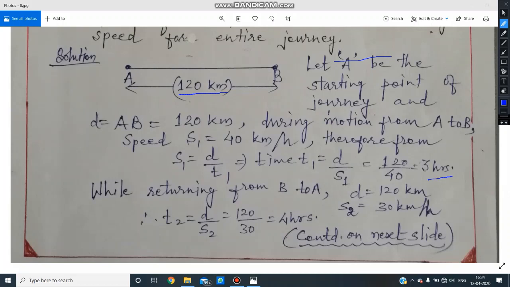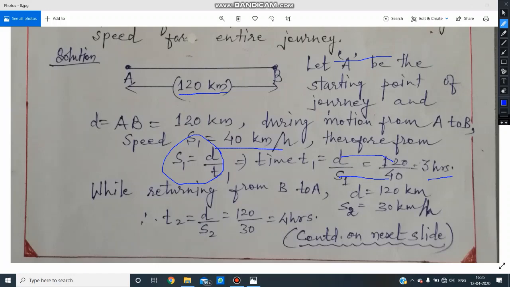Now while going from A to B, the distance is 120 and the speed is 40 kilometer per hour. So using again the speed formula S1, where the speed is equal to distance by time, we can calculate the time taken during the forward journey, and this comes to be equal to 3 hours by putting the value of distance as 120, putting the value of speed as 40.